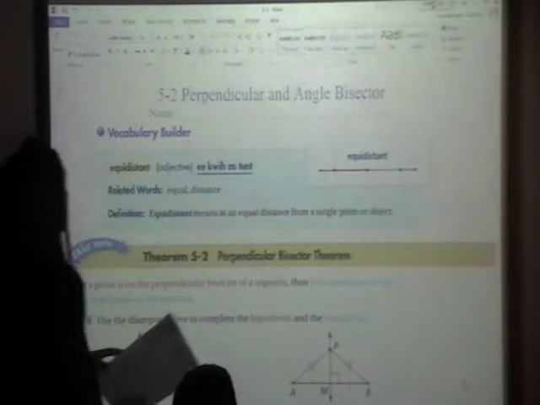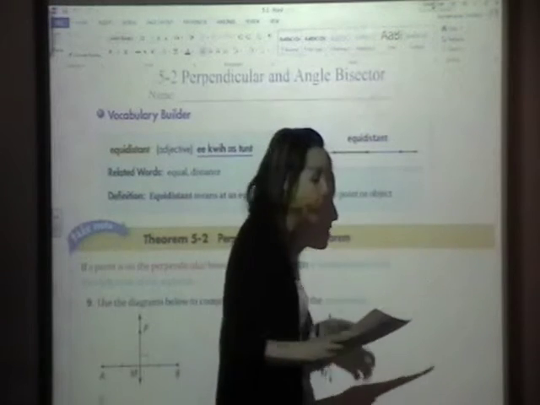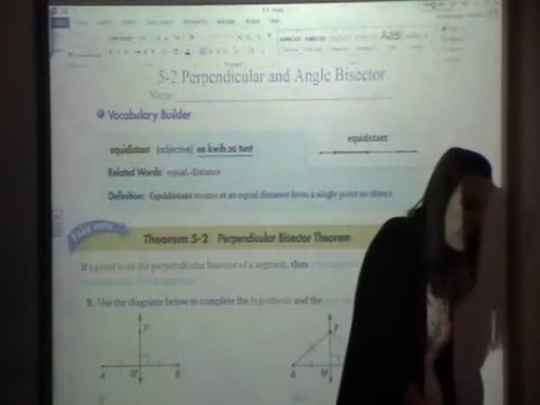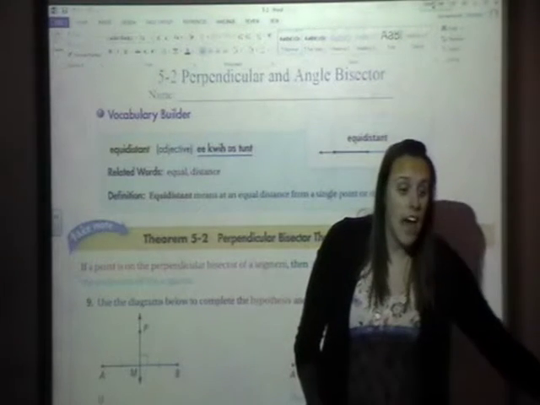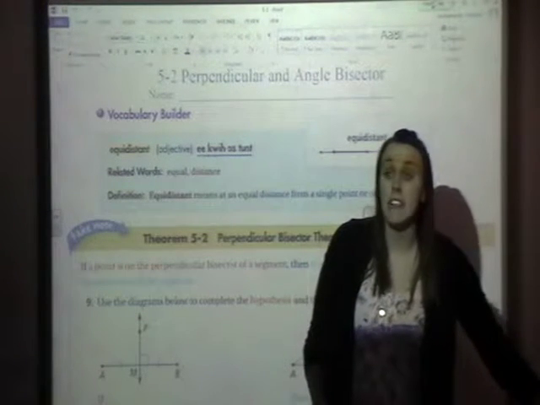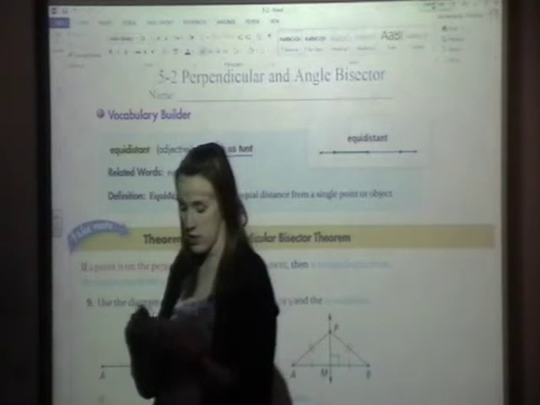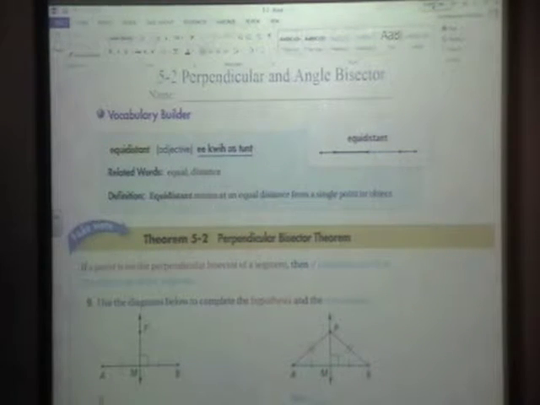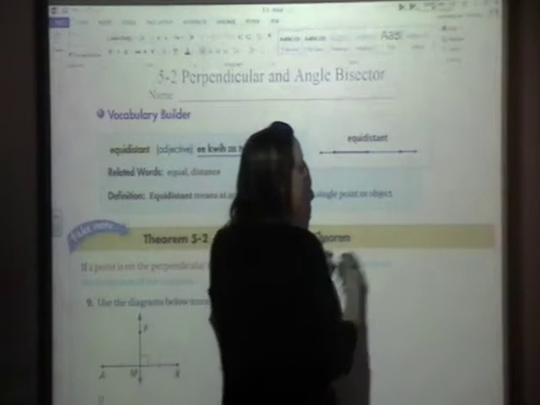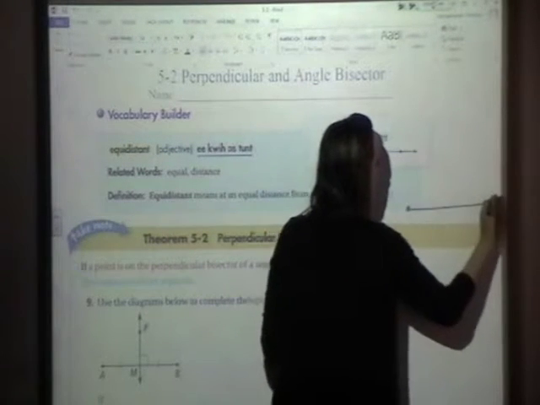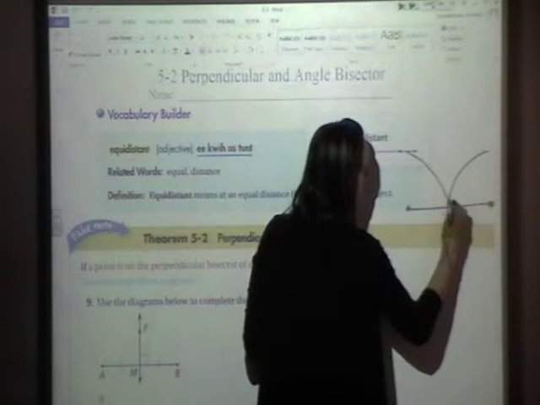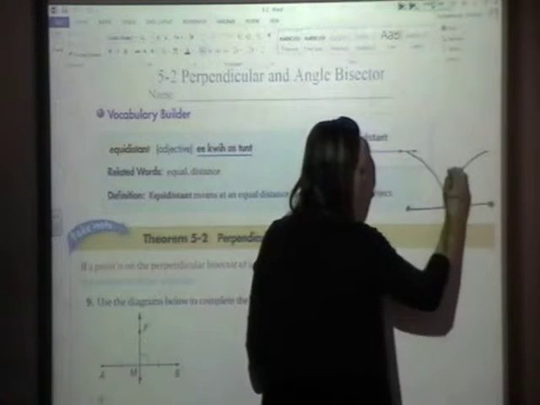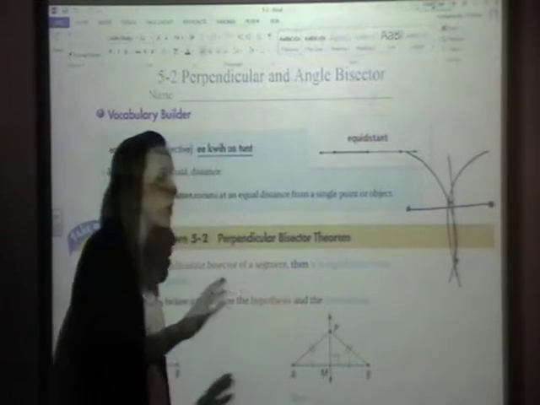Okay. So the last thing that we're going to get into is talking about angle bisectors and perpendicular bisectors. If you remember correctly, we constructed angle bisectors and perpendicular bisectors. With a perpendicular bisector, you're given a line. We made two arcs, found where the arcs intersected, and then created a line. That's a horribly drawn picture.